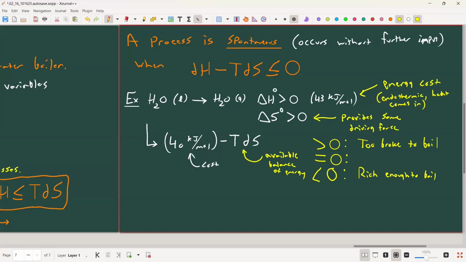So what does that mean? Well, what that means is that in some sense, it's equally likely for you to go forward as it is backwards, right? Mother Nature says, well, yeah, you can go ahead. You've got enough money. But if you imagine you're rolling the dice, and T delta S varies a little bit, right? The system is fluctuating. And every time Mother Nature comes in, hey, do you have enough to boil?